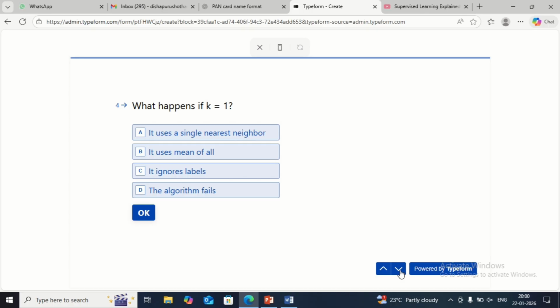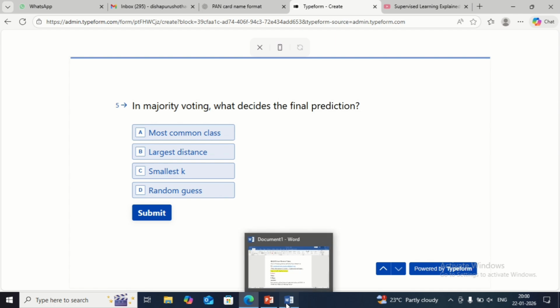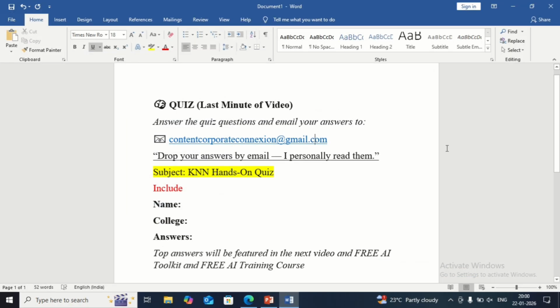B. It uses mean of all. C. It ignores labels. D. The algorithm fails. Fifth question. In majority voting, what decides the final prediction? A. Most common class, B. Largest distance, C. Smallest k, and D. Random guess. So these are today's 5 questions.